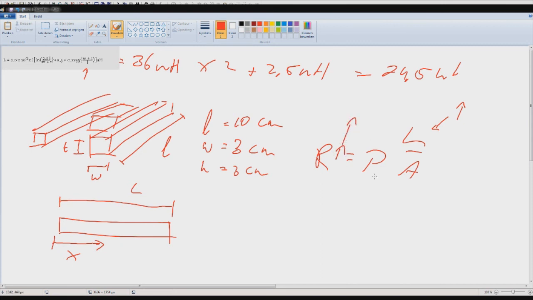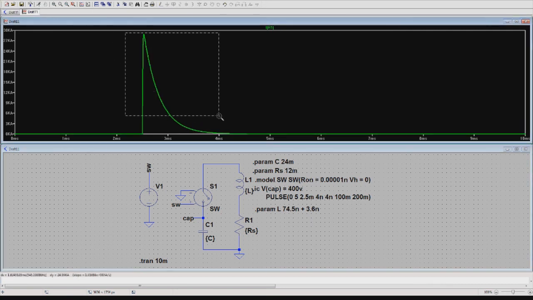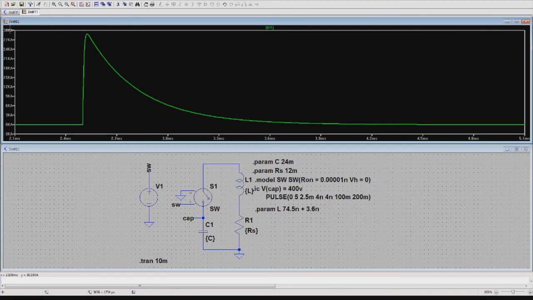As you can see, if I show you in the previous, sure where it was. Yeah, it's right here. Then R_S increases to maybe 12, maybe double it. Even lower current. Not good.